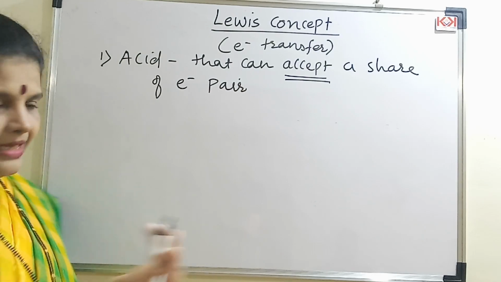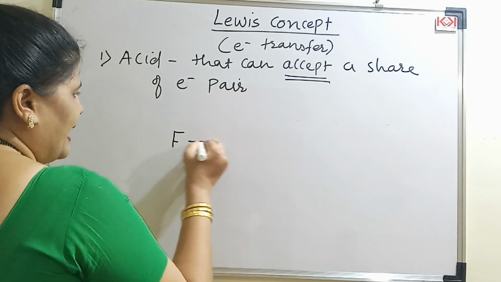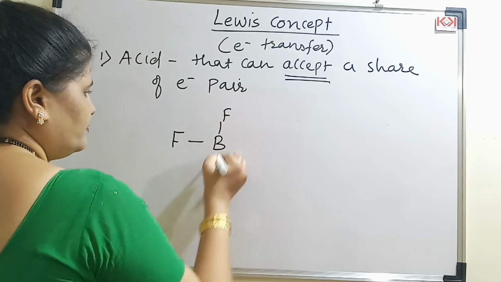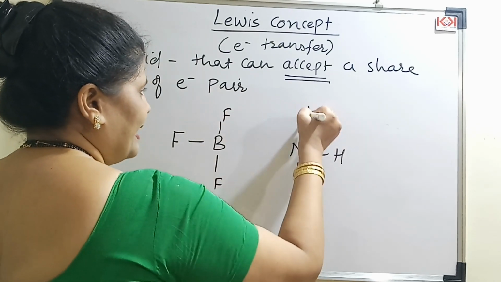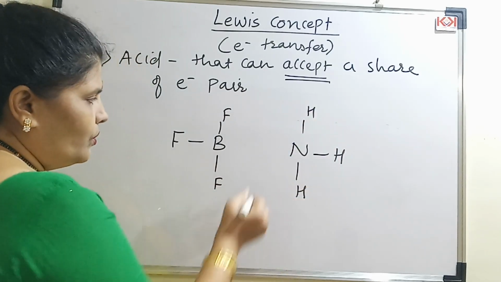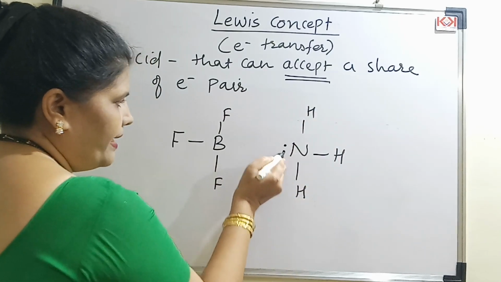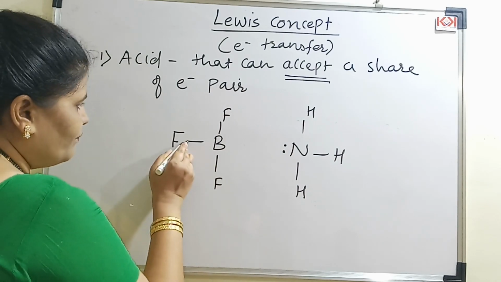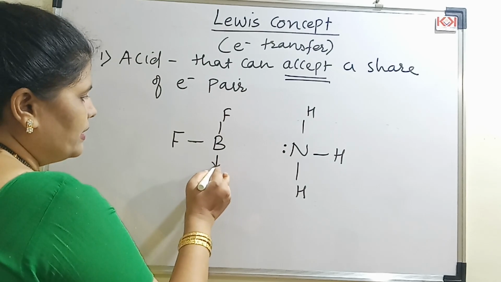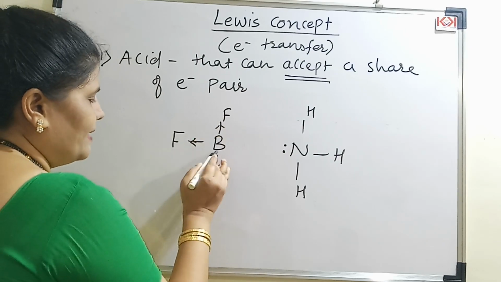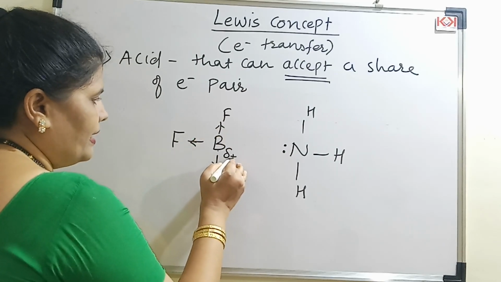To understand this, let us take one example, and that is BF3. And here I am taking ammonia, that is NH3. You know that nitrogen has a lone pair here. Now if I see those fluorine atoms, they are electronegative, and so they will pull the shared pair of electrons towards themselves, making this boron electron deficient.